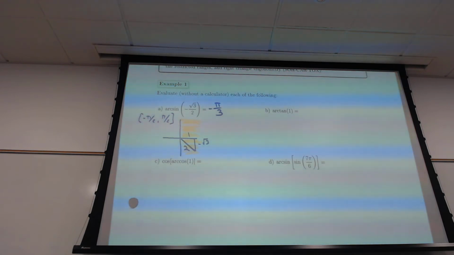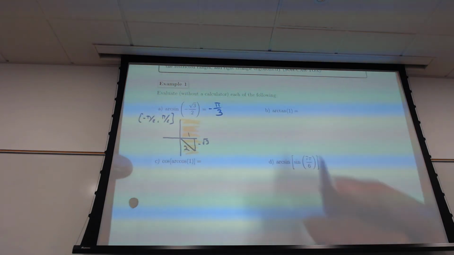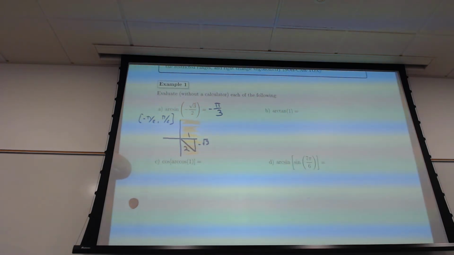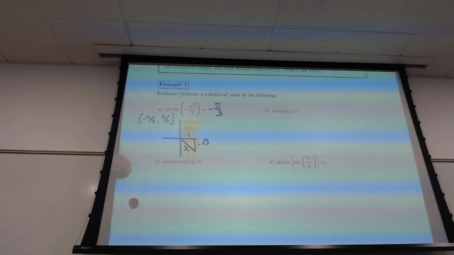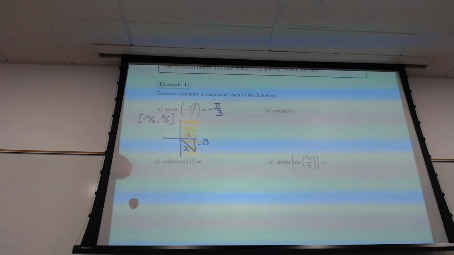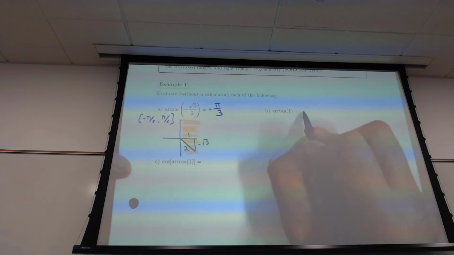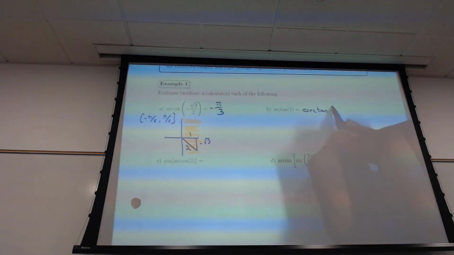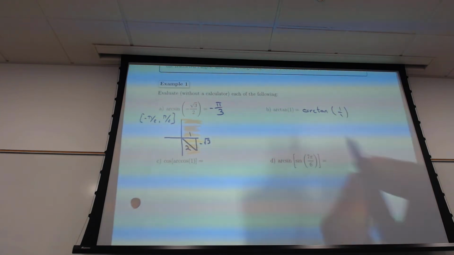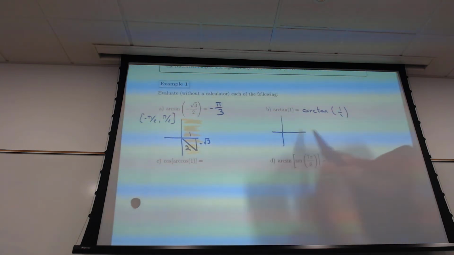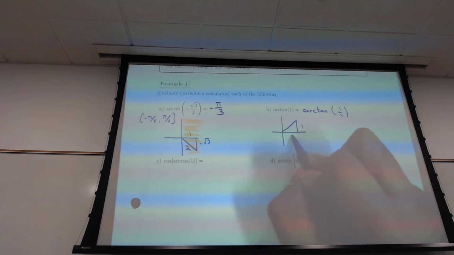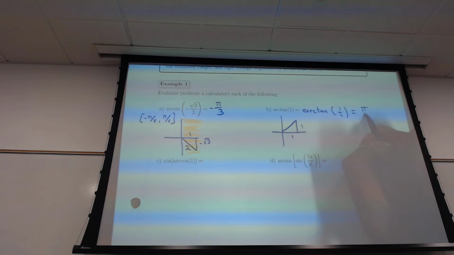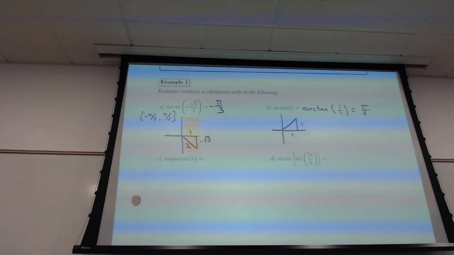All right, so how do we get that? There's a couple of ways to get this one. You can look at the unit circle, dividing the y over x. That's what the tangent function is. Another way to say this is arctan of 1 over 1. And if we do a right triangle here, that's 1 over 1, and that's actually the 45 degree angle, or pi over 4. All right?